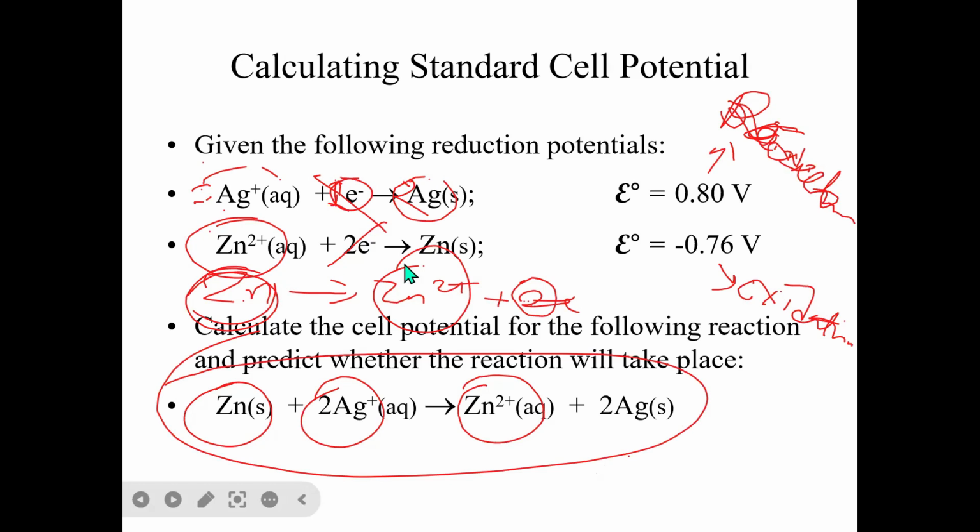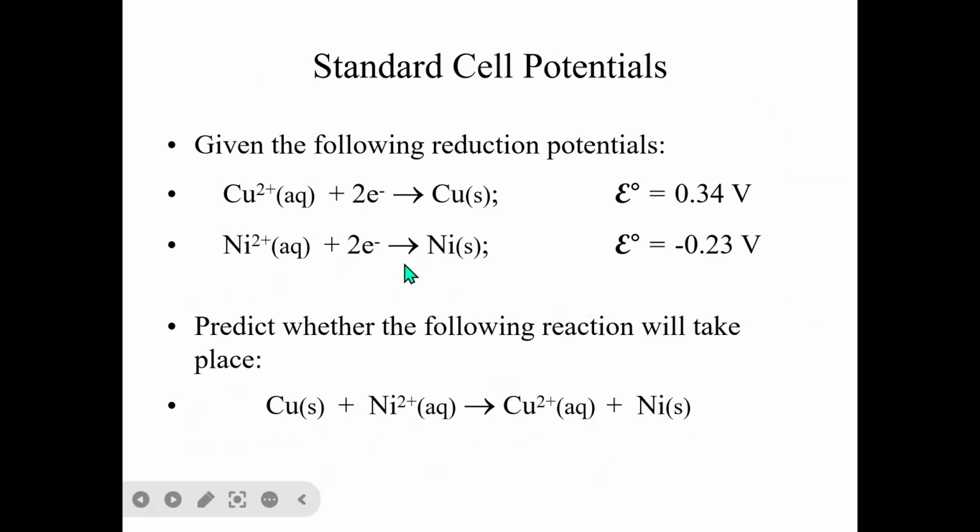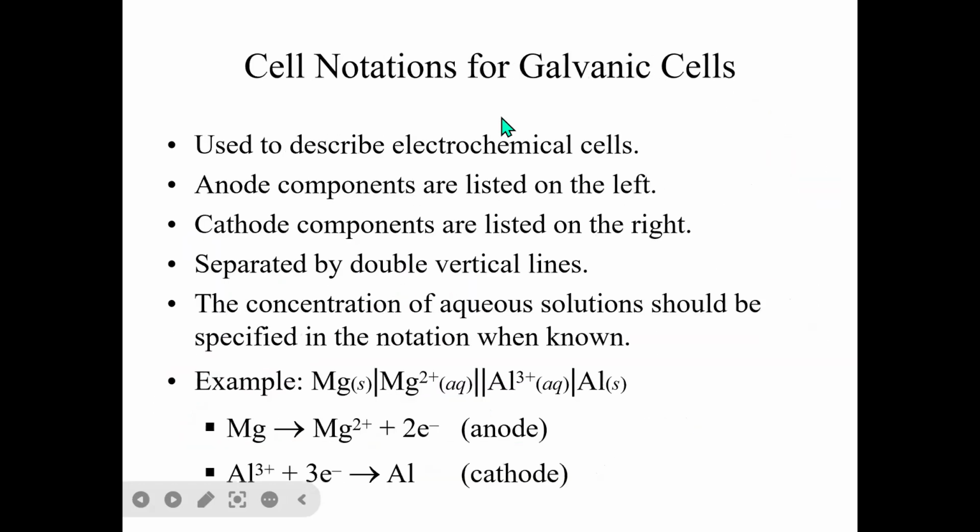And then after this, we are now going to look at the cell notation for galvanic cell. So the cell notation for galvanic cell is usually given with some notation. It describes the electrochemical cells. So we need to understand that there is an anode compartment which is listed at the left.